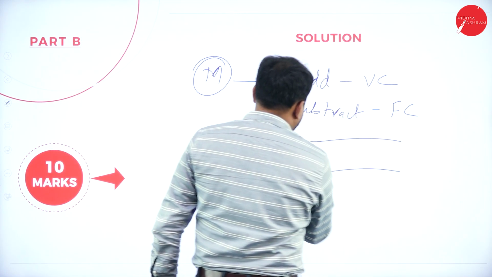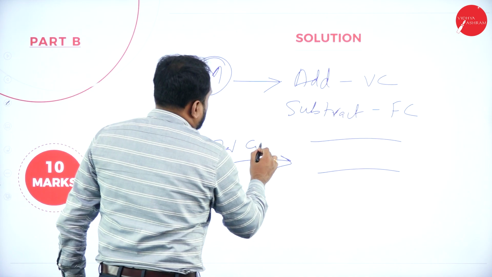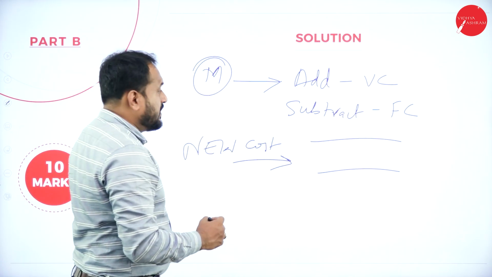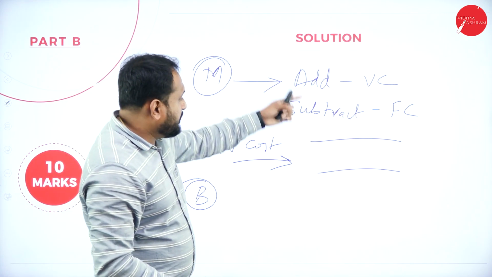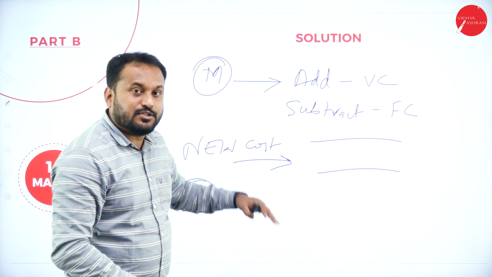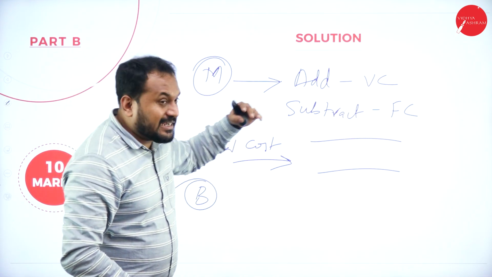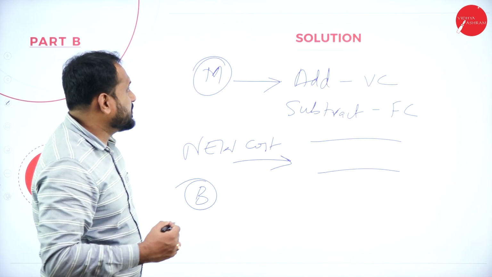Then you will get something, this is called the new cost to manufacture. Next you need to find the buying cost. Now see which is proper. If making is more and buying is less, you go with buy. If making is less and buying is more, you go with make. That is how you will go with the conclusion.